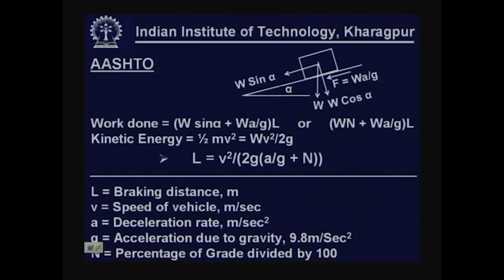Here L is the braking distance, V is the speed of vehicle in meter per second, A is the acceleration rate in meter per second square, G is the acceleration due to gravity 9.8 meter per second square, and N is the percentage of grade divided by 100.